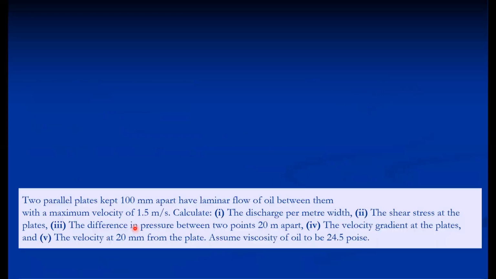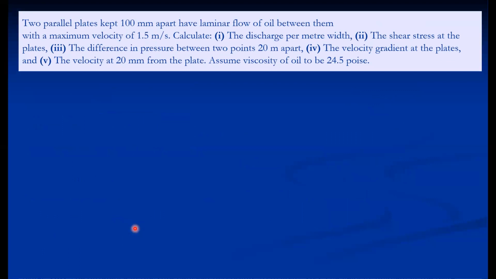Now one numerical we will take on parallel plates. Two parallel plates kept 100 mm apart have a laminar flow of oil between them, that is, two plates are placed at a distance of 100 mm apart, with maximum velocity given as 1.5 meter per second.